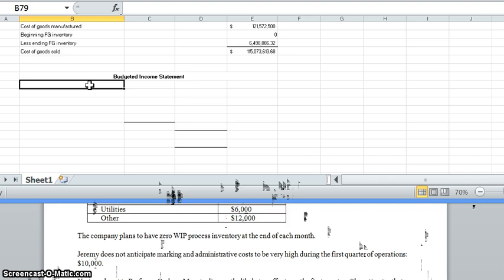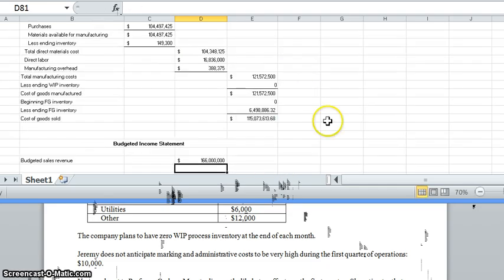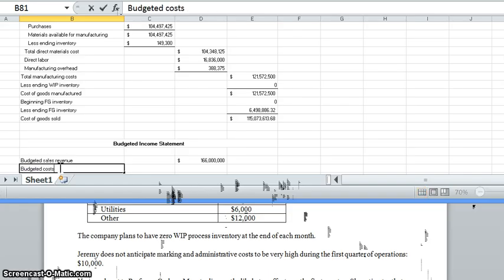Now, for our budgeted income statement, we've already covered most of it. Let's go ahead and put in our budgeted sales revenue. Let's go up to our sales budget. We plan to have $166 million. And then we have our budgeted costs.